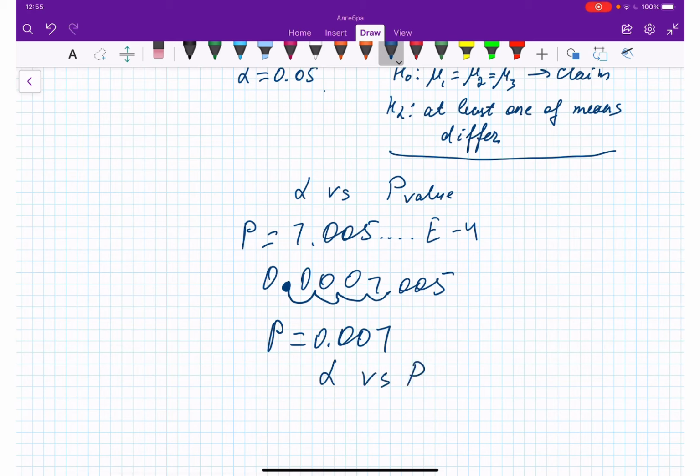So we're going to compare alpha to the p-value. You can take a note of this, although you already know. If the p-value is less than or equal to alpha, then we reject the null hypothesis. If the p-value is greater than alpha, then we fail to reject the null hypothesis.